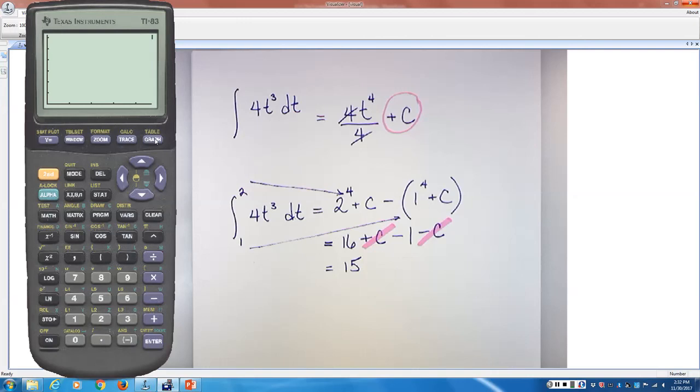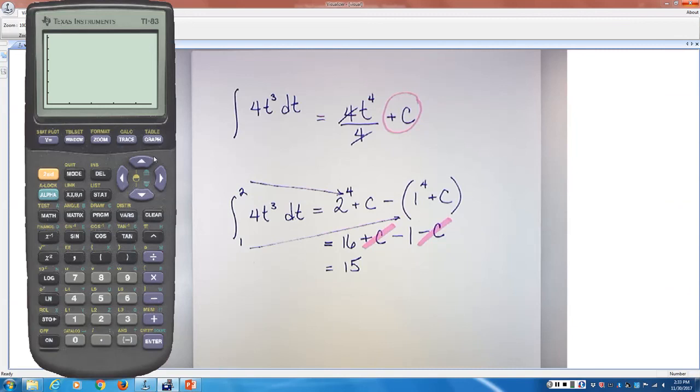I don't know if it's going to show it to me or not. I was hoping it would. The newer ones it does. I don't think this one has enough memory to do it. What the newer ones will do is it'll actually show you a graph of 4t to the third on that interval and shade the area under the curve so that you can see it.